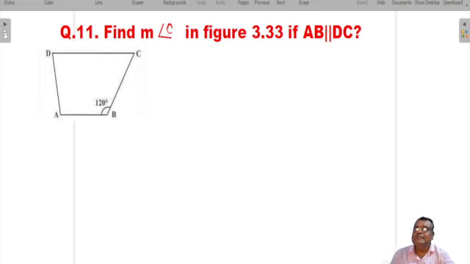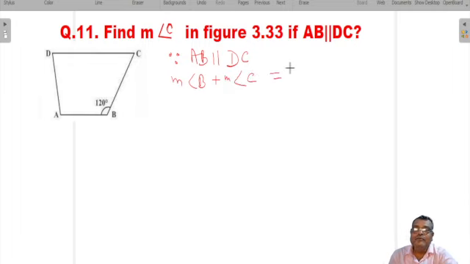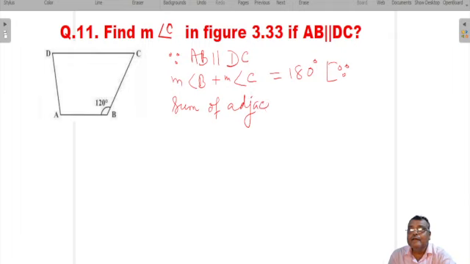Since AB is parallel to DC, therefore measure of angle B plus measure of angle C is equal to 180 degree, because the sum of adjacent angles is supplementary.